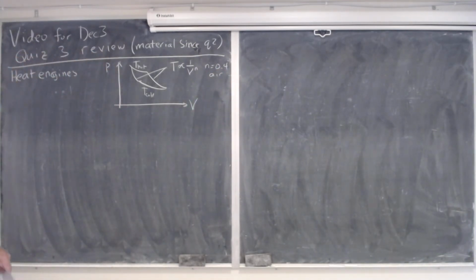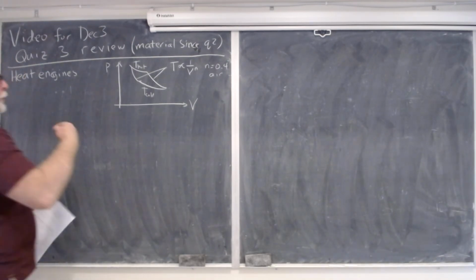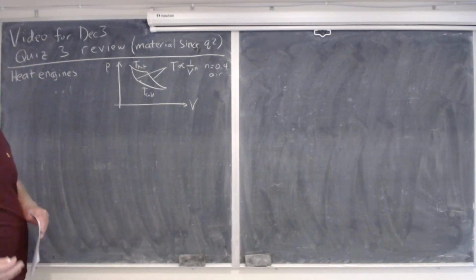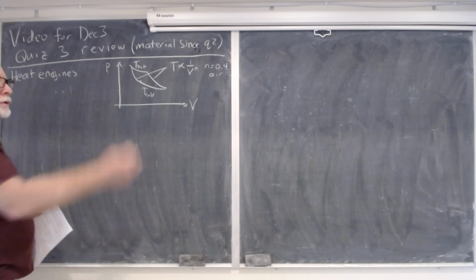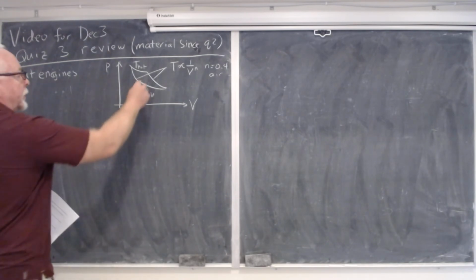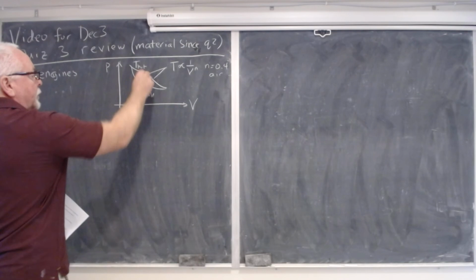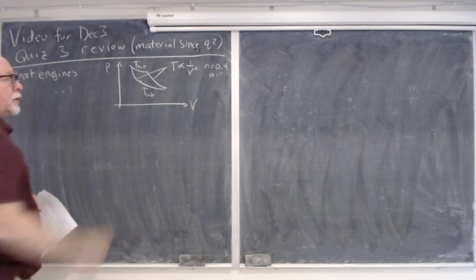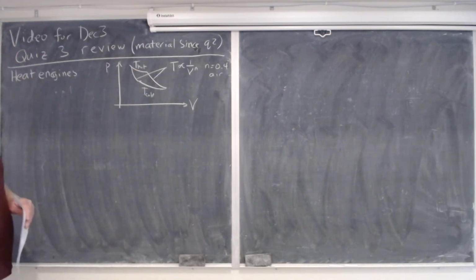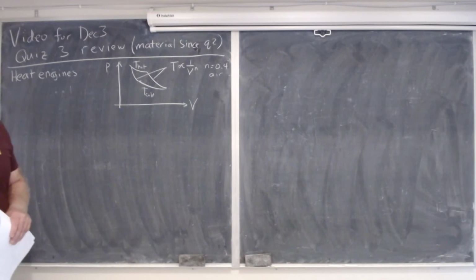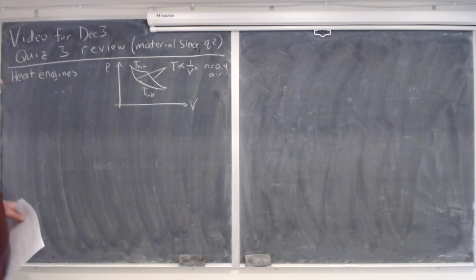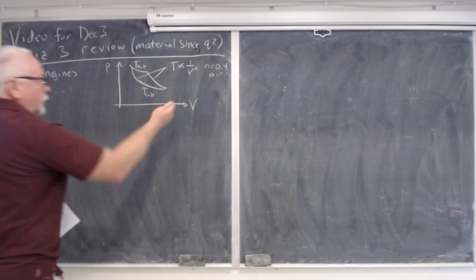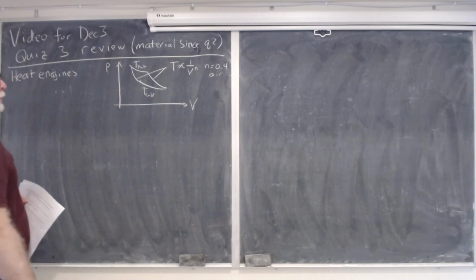So for the quiz, in quiz 2, we were getting into this part, and for quiz 2, you had to know that the area inside here is the net work per cycle. Of course, you knew that the work was the integral of P dV.